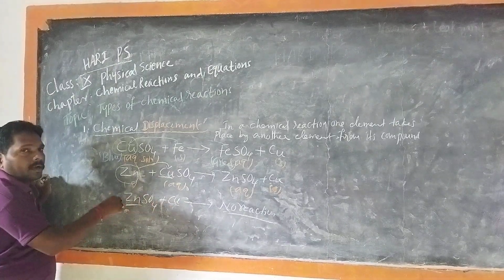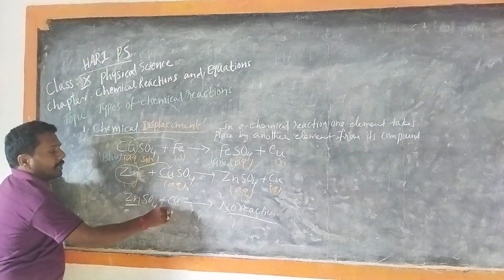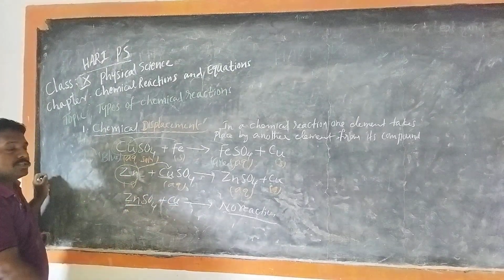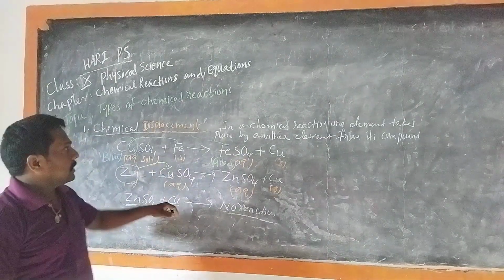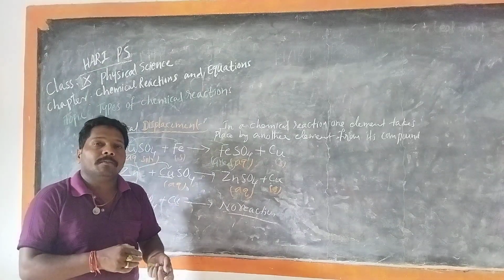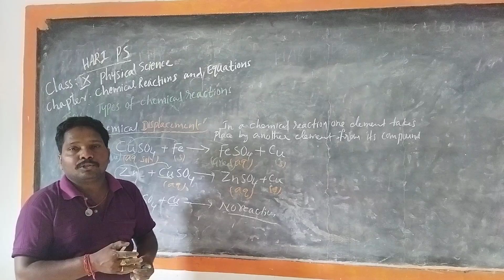So copper cannot displace the zinc. Similarly, iron cannot displace the zinc because zinc is more reactive than copper and iron. So generally in a displacement reaction, a highly reactive element displaces a low reactive element.